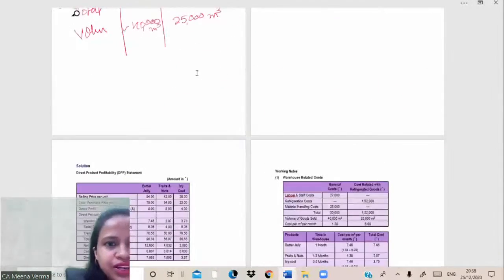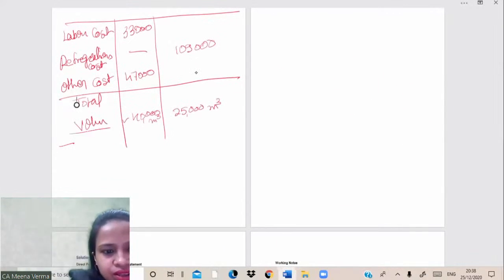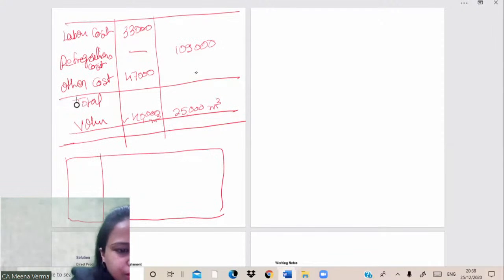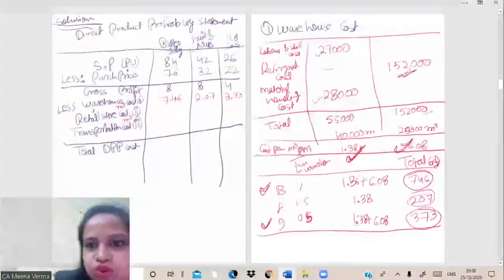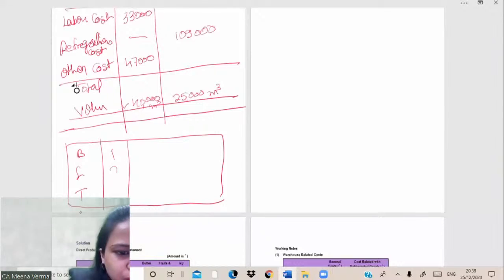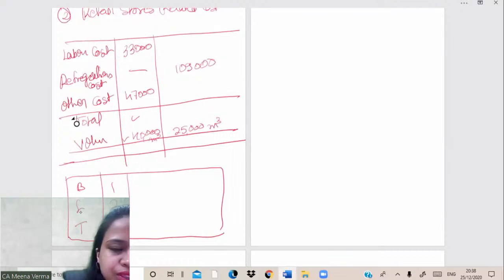Okay, I need space for these 3 products. The time they have spent, we have the products butter jelly, fruit and nuts, icy cool. The time they have spent in the retail store is what? 1 to 1. ठीक है, give me these 2 values. Total cost, this is 109 and this is what? 80,000.